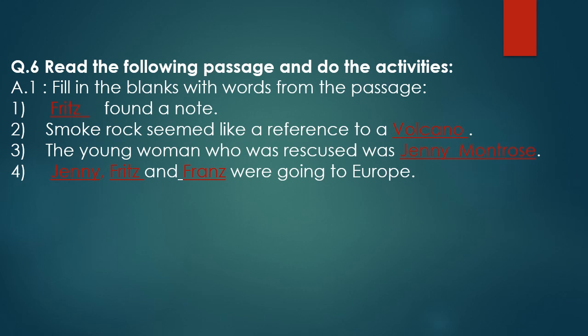You are going to get this answer on the second last line of your first paragraph. And the fourth one, dash, dash and dash were going to Europe. So that answer is Jenny, Fritz and Frank. They were going to Europe. So the 4 answers, I hope you have written it down and completed this first activity. Write down the answers, students, so that your first activity is completed.